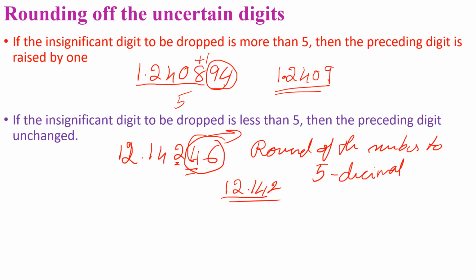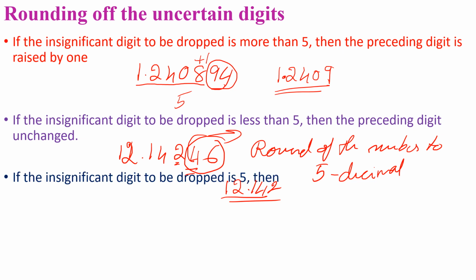And if the insignificant digit dropped is 5, then what should be done? Then there are two cases here. I will give the example, 124.852. If it is the case, then what should be done?